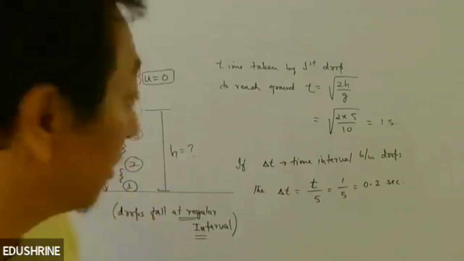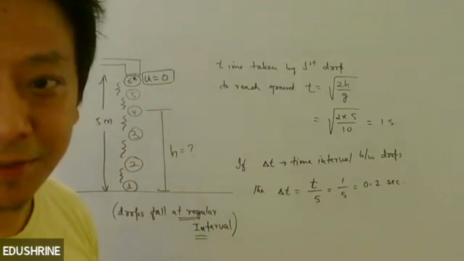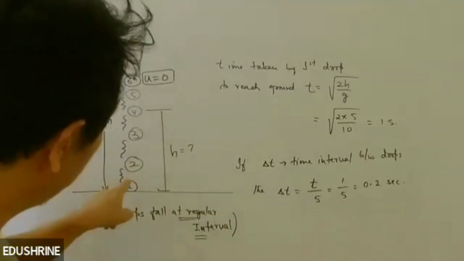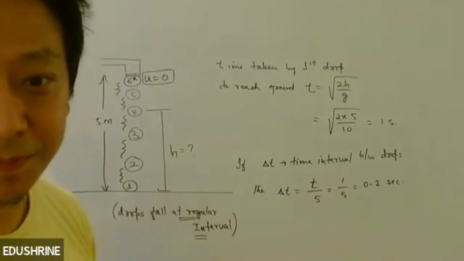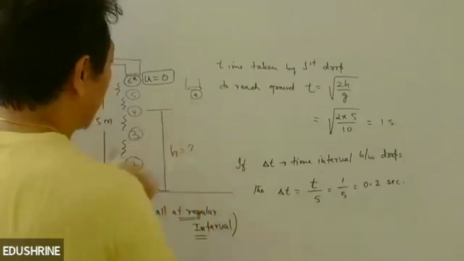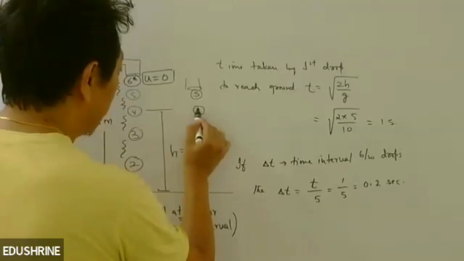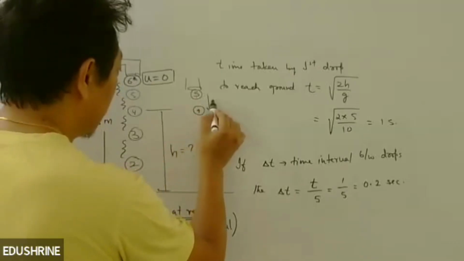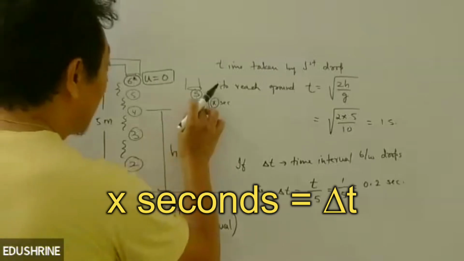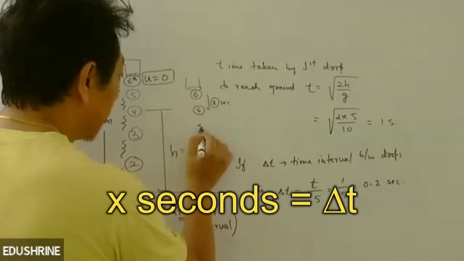So for how many seconds has the fourth drop fallen in this picture when the first drop is here? When the fourth drop started, it was here. Then when the fifth one starts, the fourth drop is here, so it has fallen for X seconds, if X is the interval. Then when the sixth starts, the fifth will be here, the fourth will be here.